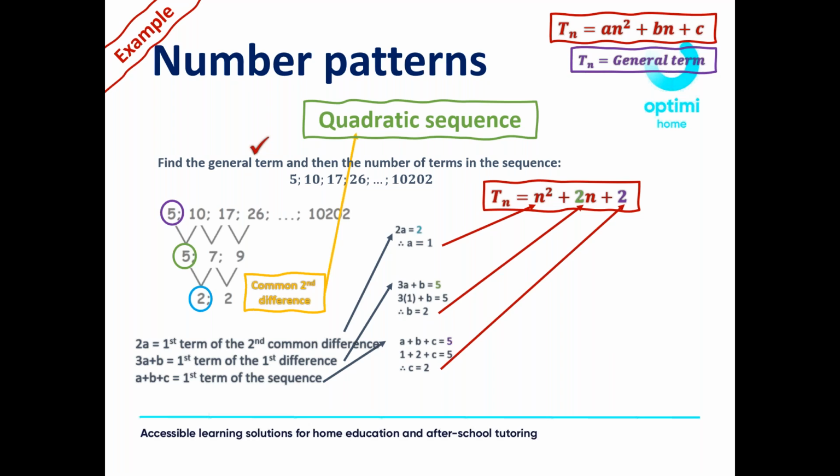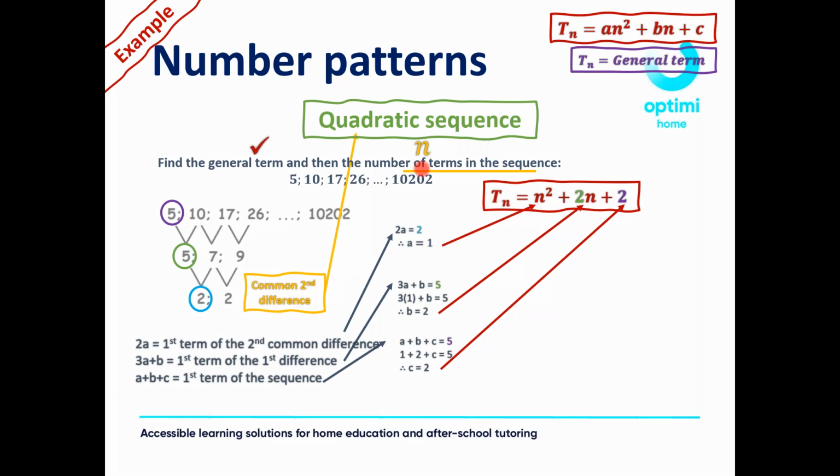And then the number of terms in the sequence we didn't calculate yet. I said that the number of terms is still represented by n. So that did not change. n still represents my number of terms. So I'm still going to use my general term to calculate n, because that's the only place that I have linked to this sequence over here.